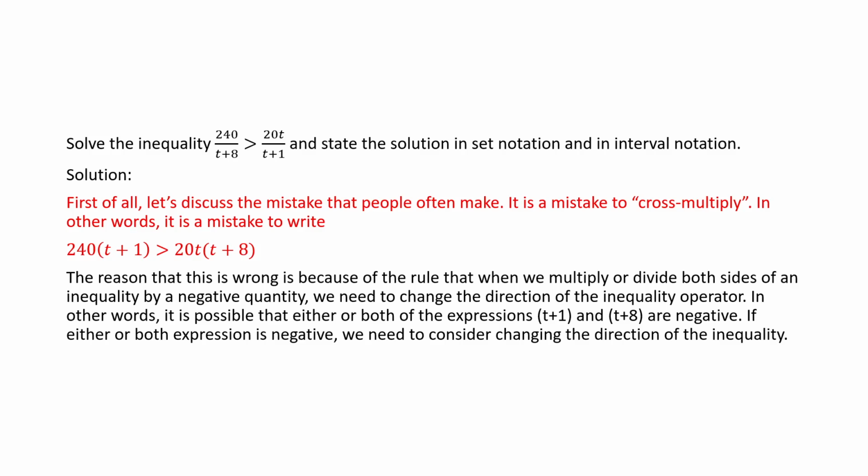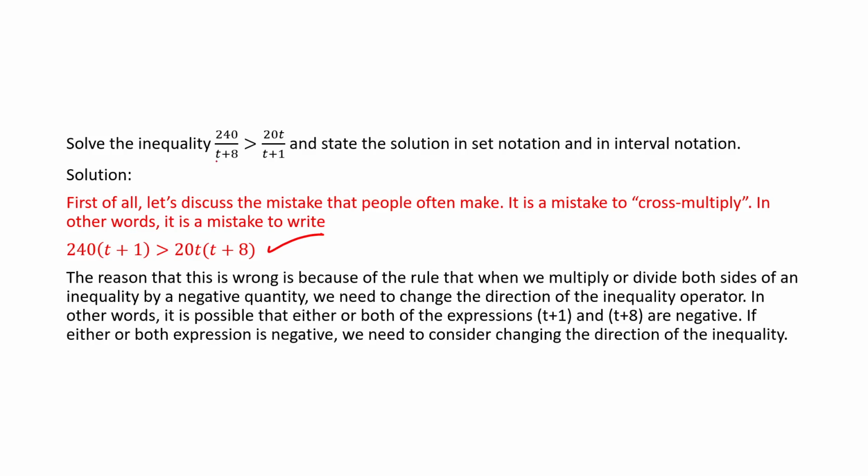Suppose we want to solve this inequality right here. A mistake people often make is to quote unquote cross multiply: multiply both sides by t plus 1 and t plus 8, resulting in the expression shown here. The reason that's a mistake is because sometimes t plus 1 is positive, sometimes it's negative, sometimes t plus 8 is positive, sometimes it's negative.